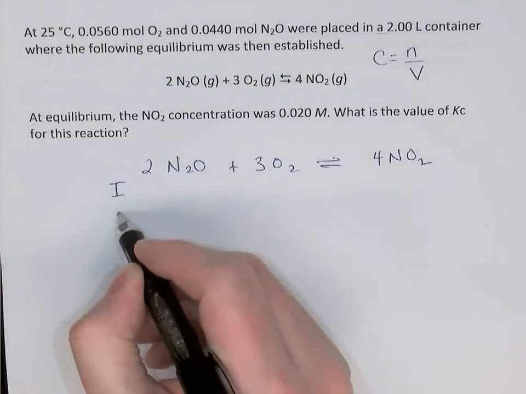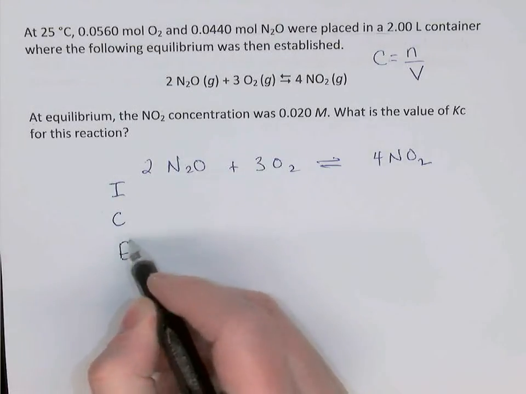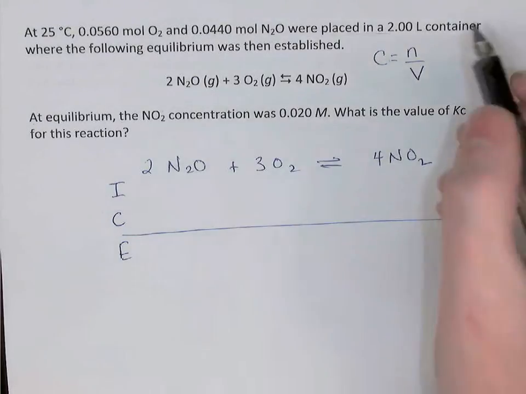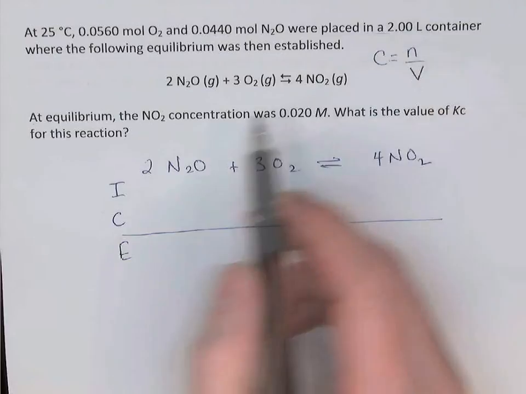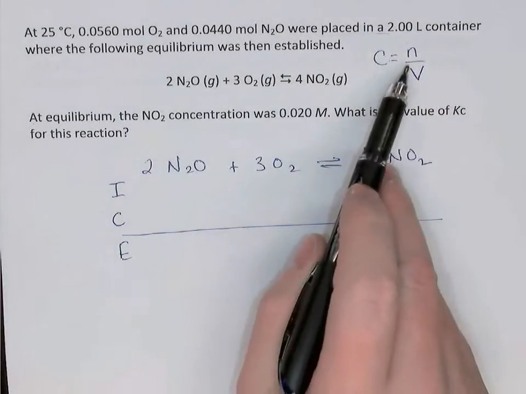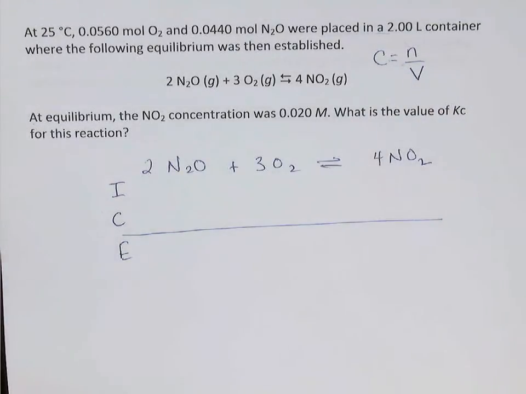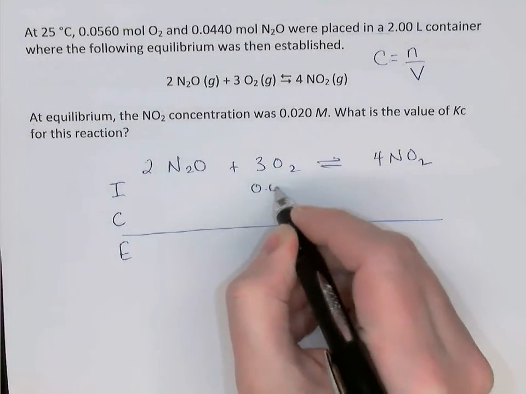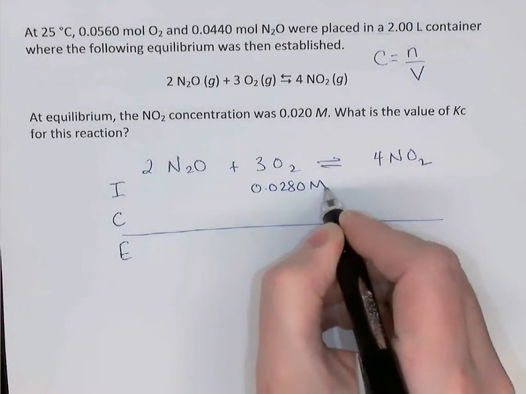An ice table tells us the initial, the change, and the equilibrium conditions, ICE. For the initial concentrations, we're doing this little C equals n over V. So 0.056 divided by 2 liters. The initial oxygen concentration is 0.0280 molarity.